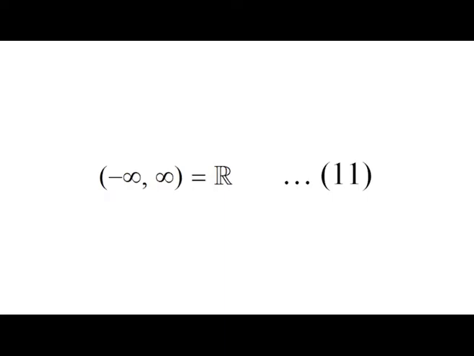In these cases, the point a is called the endpoint of the interval. It is often convenient to think of the entire set R as an infinite interval. In this case, we write open interval (−∞, ∞) equal to R, equation number 11, and we do not consider any point to be the endpoint of (−∞, ∞).